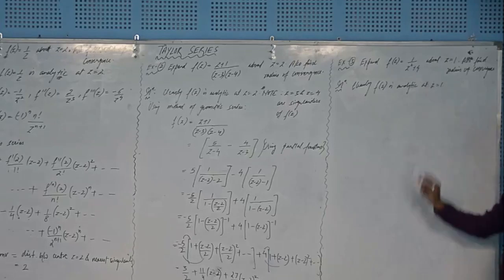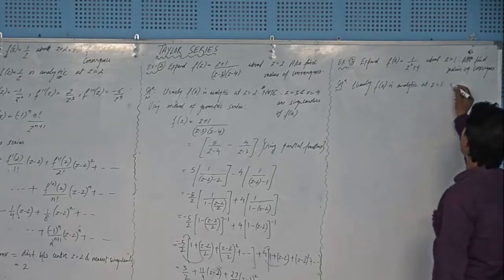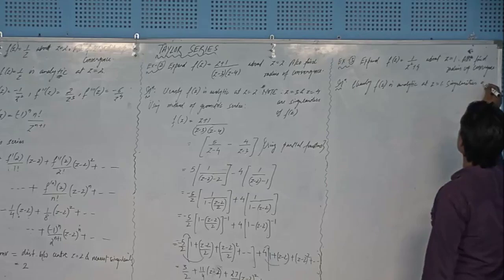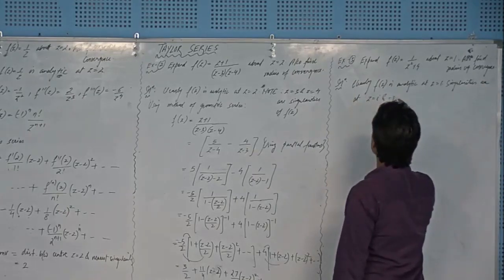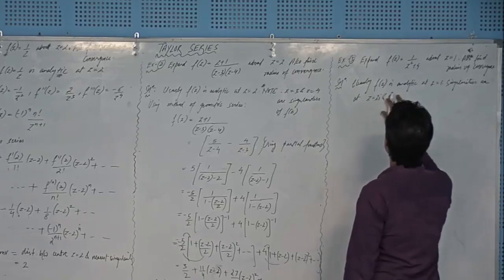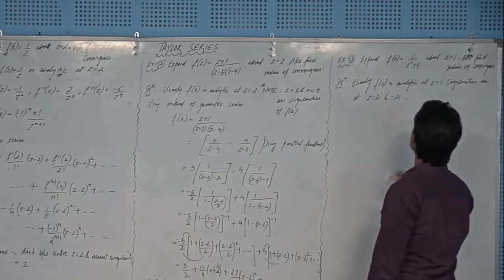You should put the denominator equal to 0, and that will give you z equal to plus minus 2 iota, right? The singularities are at z equal to 2 iota and minus 2 iota, right? So these are the singularities of this function.